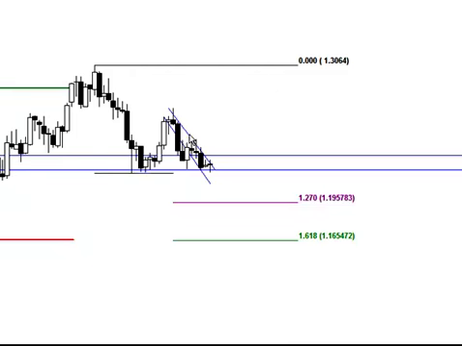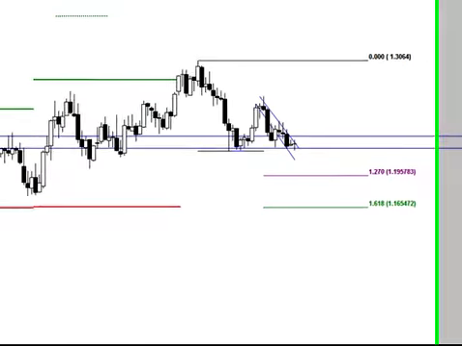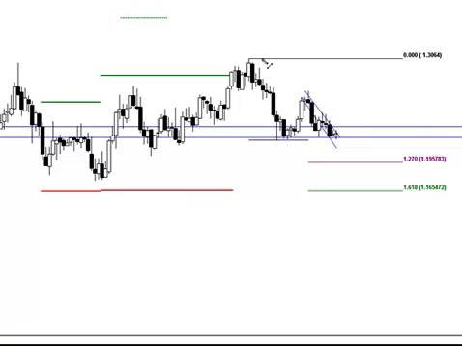Now, if we get a press lower, where realistically are we looking at going? Well, if I bring in my line tool here, and I go from the swing high to the swing low, and I copy that and paste it from this swing high to the swing low, look left. We've got structure resistance right here and right here.